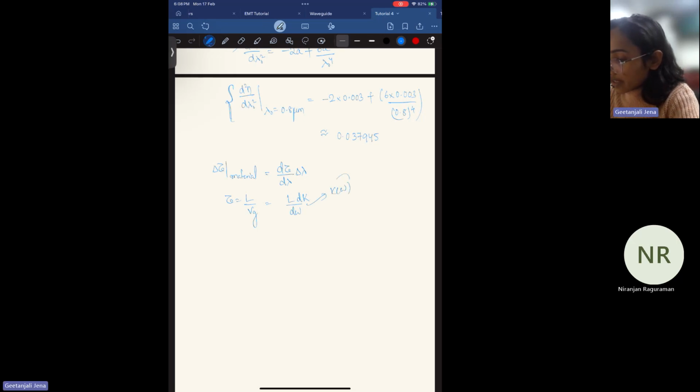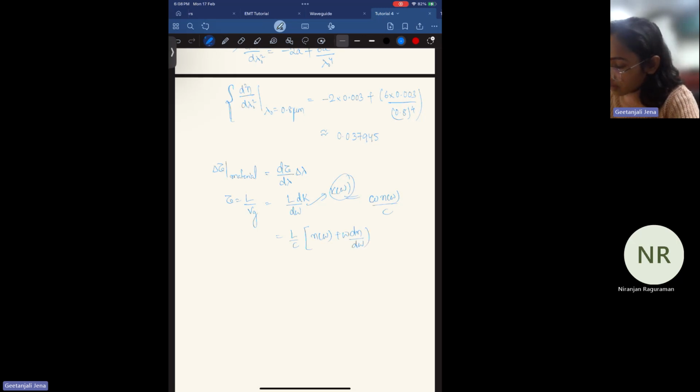K depends on omega, so you can express it in terms of n of omega over C. Then take the derivative, and tau is given by L by C times n of omega plus omega dn over d omega.